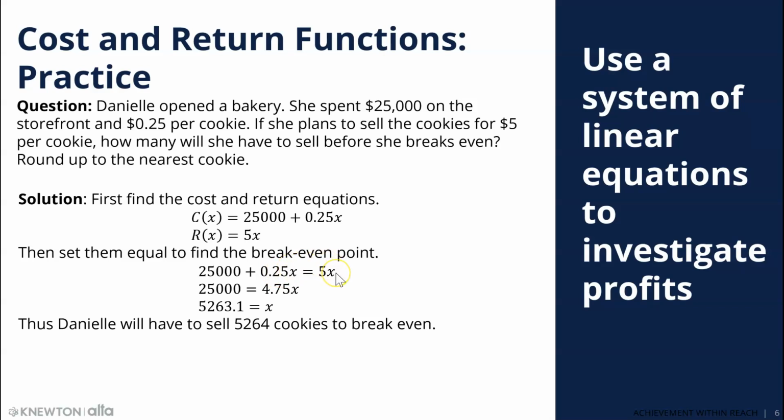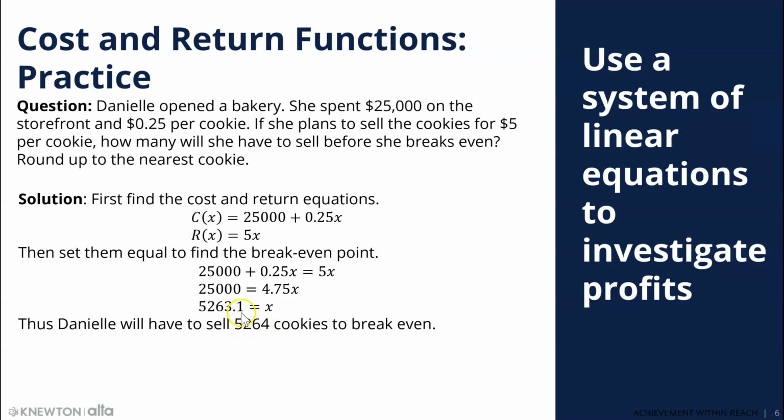Transpose this to the other side, so you get 4.75x equal to 25,000. And then divide both sides of the equation by 4.75. You have x equals 5,263.1 cookies.